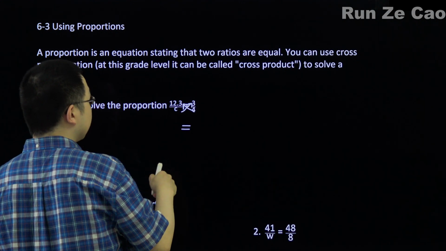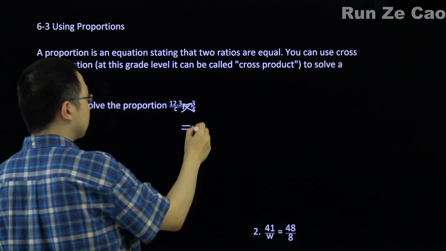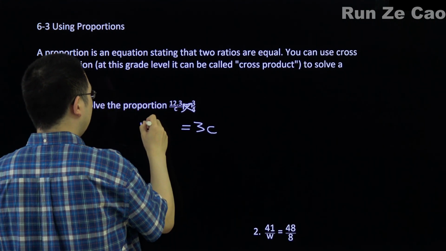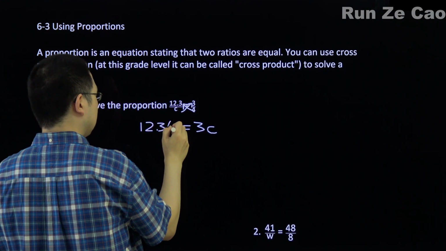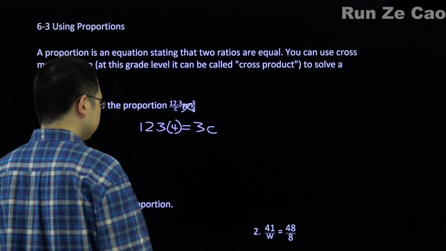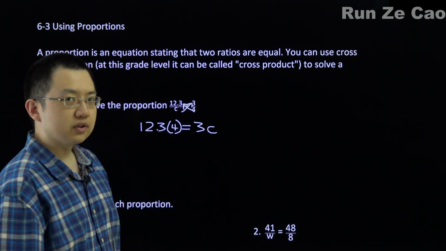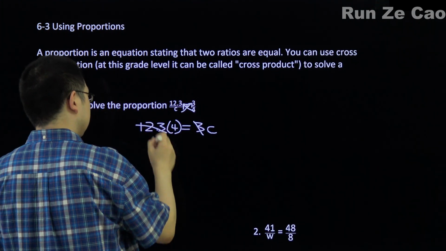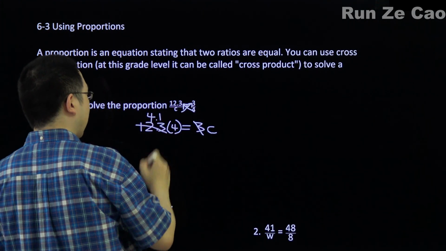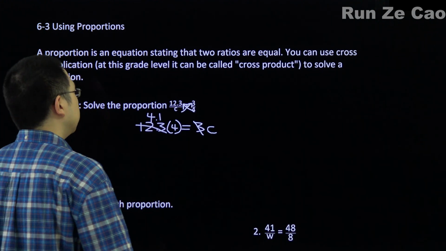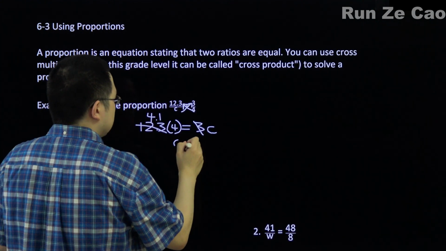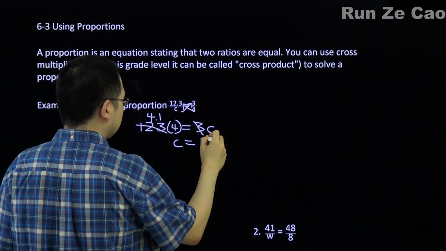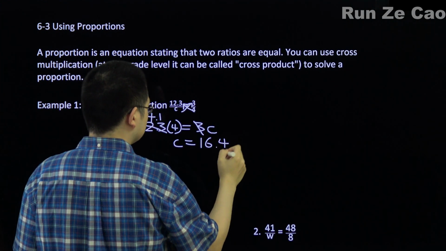On that side, it's getting rid of the 4 and multiplying by C. So 3C is equal to 12.3 times 4. You might notice something interesting here. You can cancel this. This is 4.1 times 3. So C is equal to 4.1 times 4, so that's 16.4.